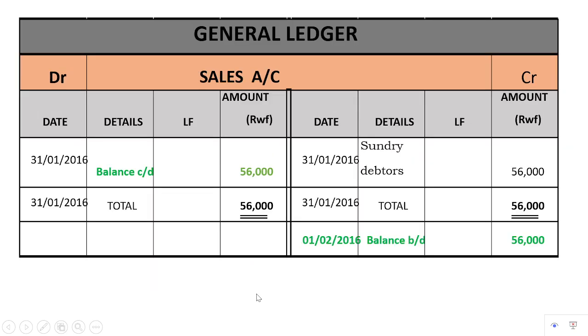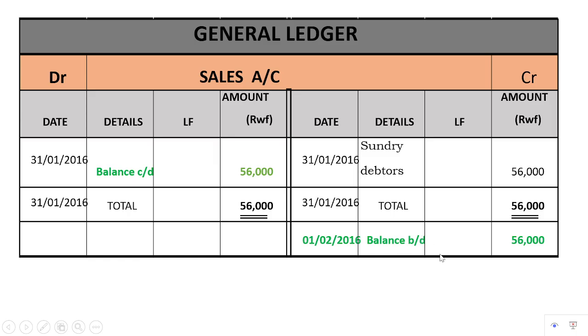Then in the general ledger, that's where we shall credit the general ledger with the total of all debtors, that is 56,000. The sundry debtors, 56,000. Then we need the balancing figure of 56 for us to have a total of 56 here and 56 here.